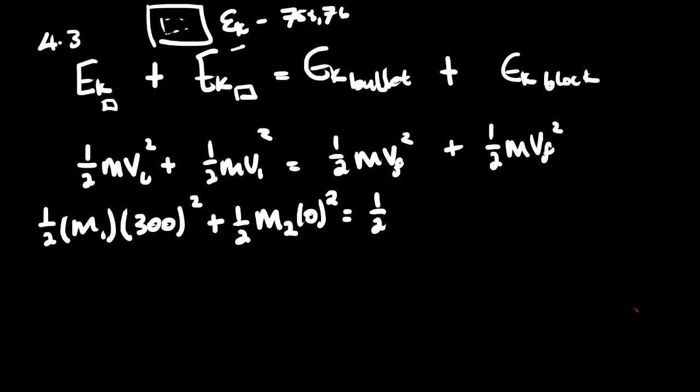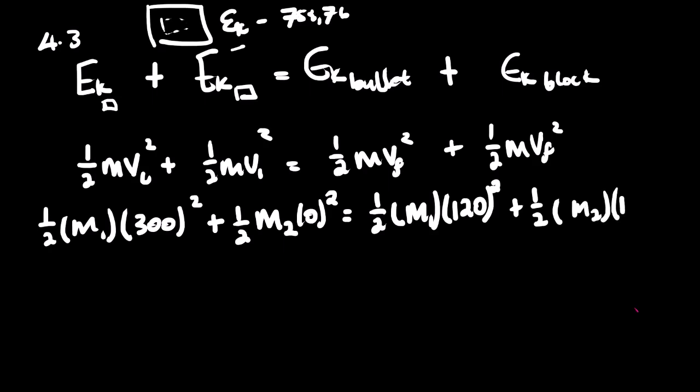Let me continue substituting. We have m1, vf, we know that it travels with 120 squared plus half, we have the mass as m2, then the velocity as 1.8 squared, and then this we know that it will be 0.